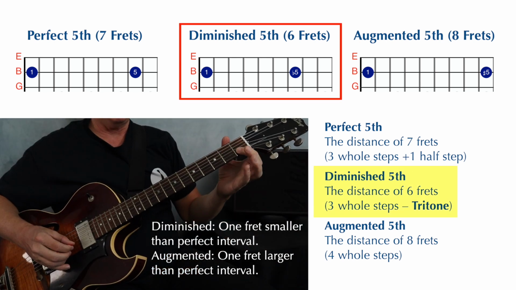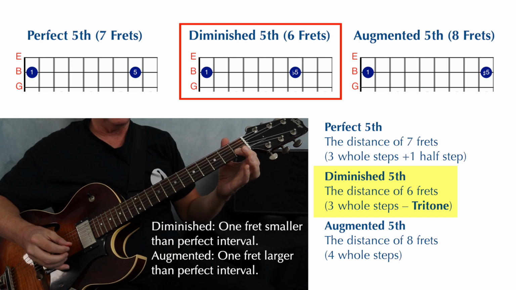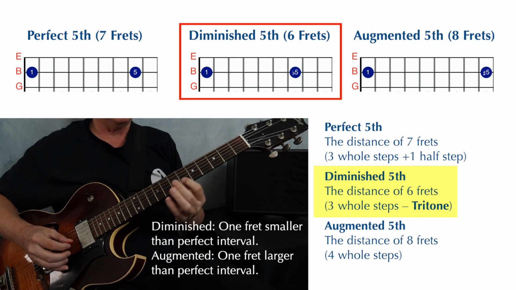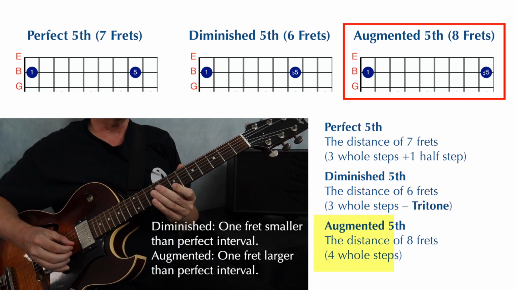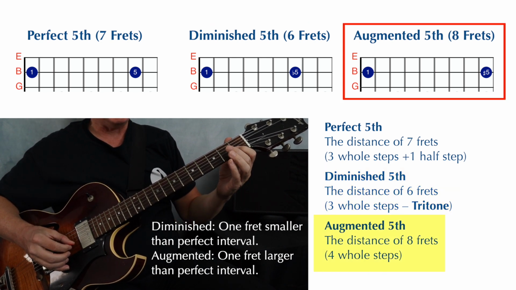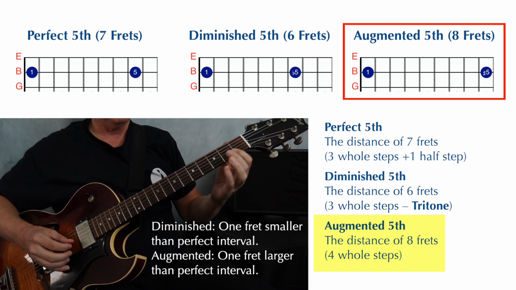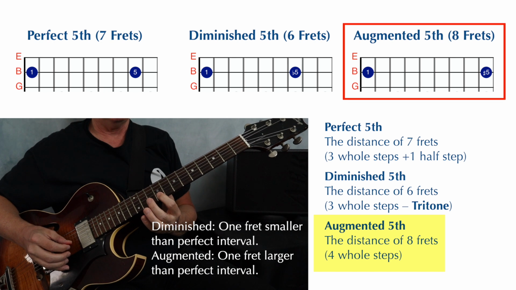So a diminished fifth is a distance of 6 frets, or 3 whole steps, 1, 2, 3 whole steps, and an augmented fifth is the distance of 8 frets, or 4 whole steps. 1, 2, 3, 4.